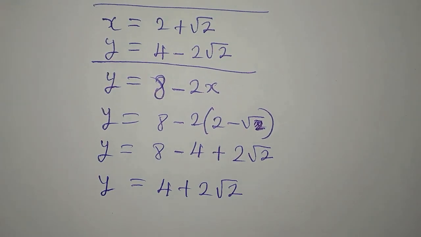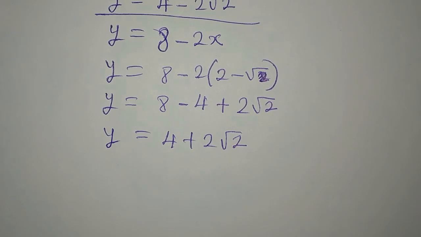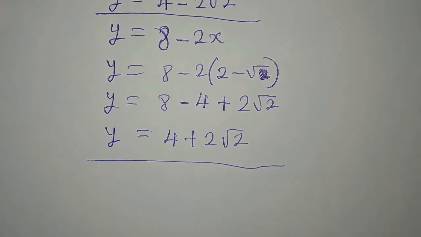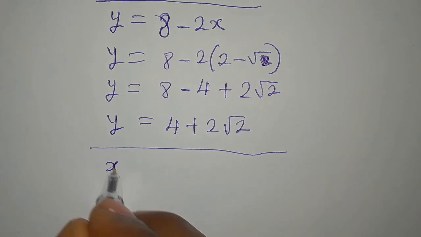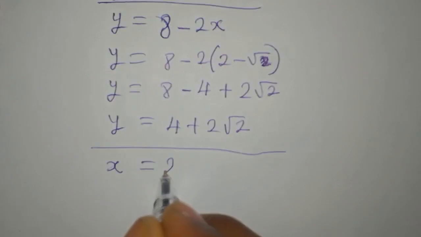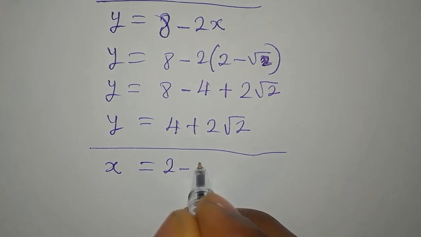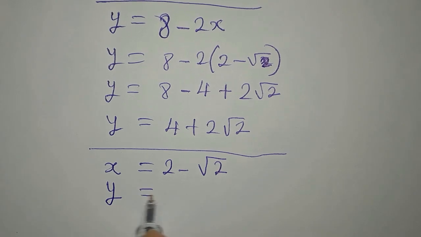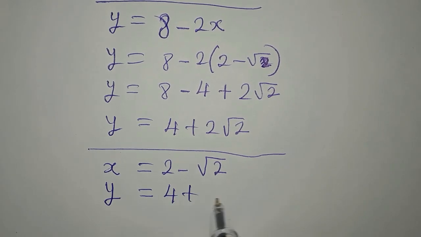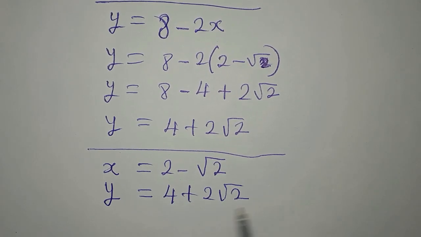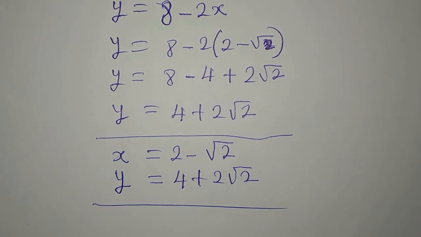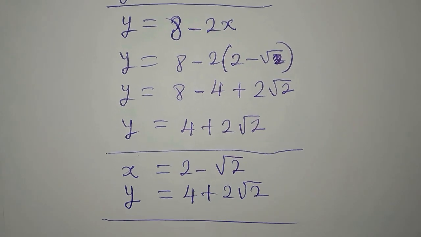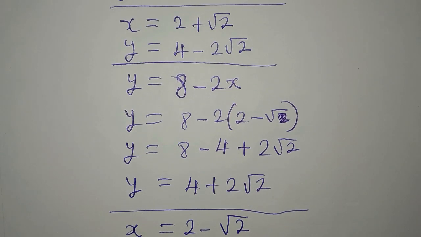So here we have another value of y. So this is also to say that when x is equal to 2 minus root 2, y equals 4 plus 2 root 2. Okay, so at this point, we have solved this problem completely.